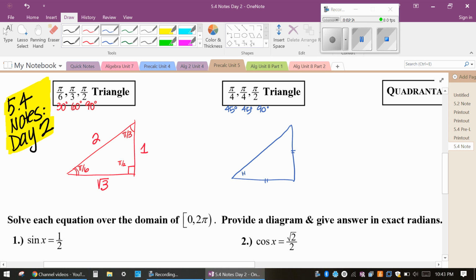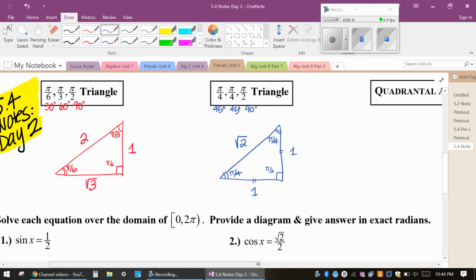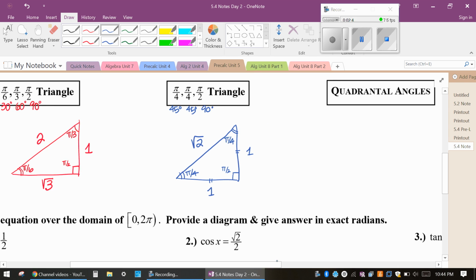So this would be pi over 4. That's the same measure as pi over 4. Those are your 45, 45. And then your 90 is your pi over 2. The side lengths of those are 1, 1, and root 2. This is all material that we learned in Chapter 4 and that you were supposed to have memorized. So again, if you haven't memorized it yet, make it a point to do so now.